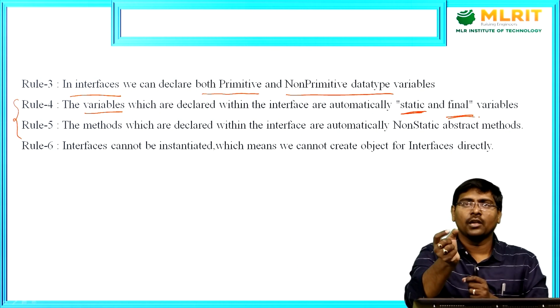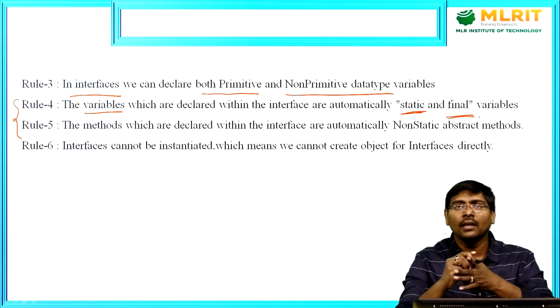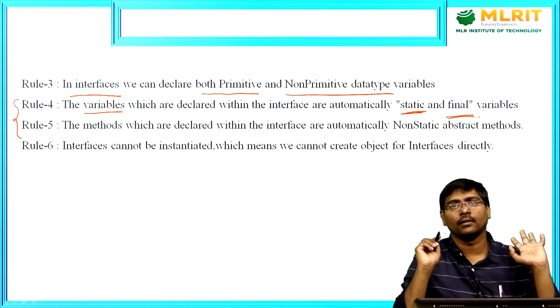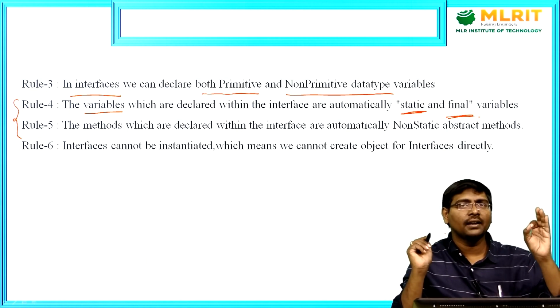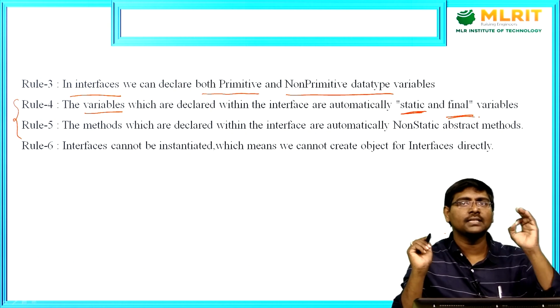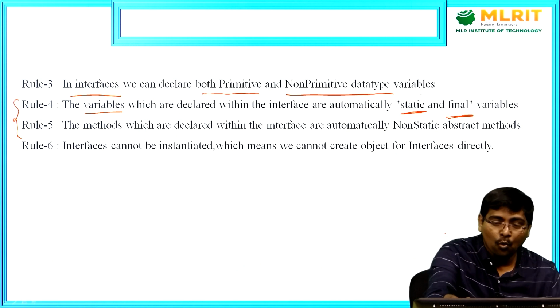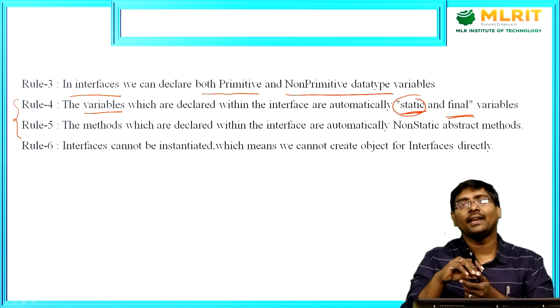Before a variable, if you use the keyword final, then that variable cannot be modified. So, by default, the variables declared in the interface are final variables. And one more point is that the variables are static variables.